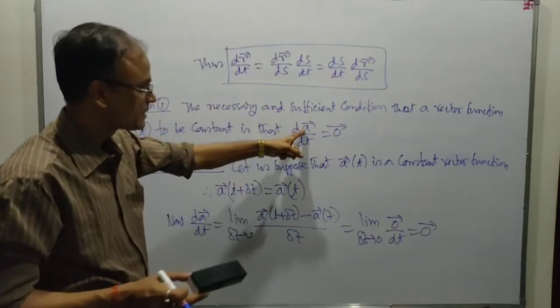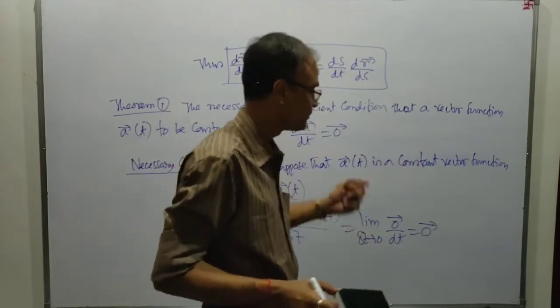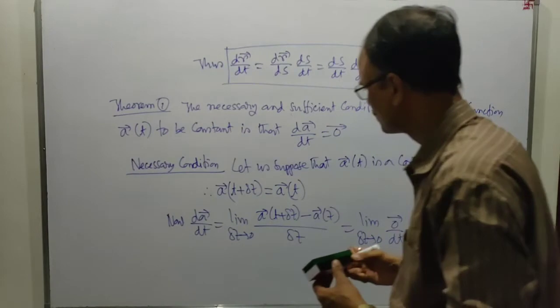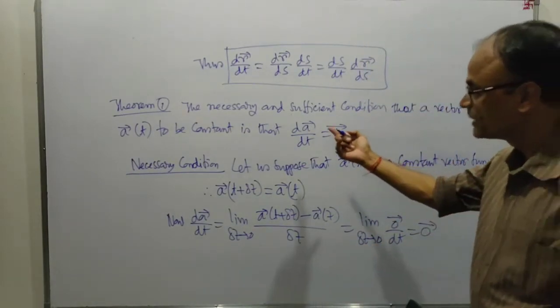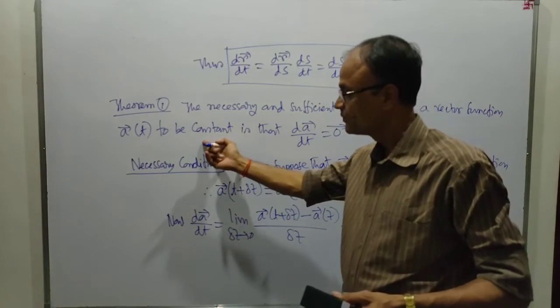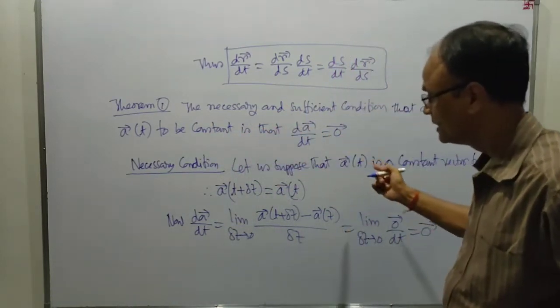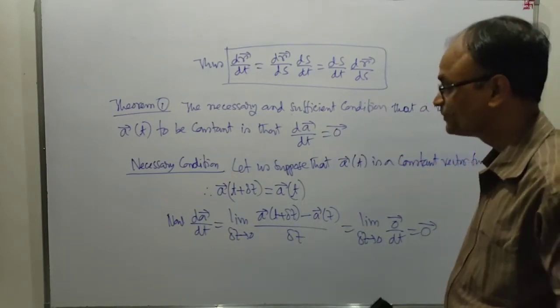Because A vector is constant, its differentiation will come in vector form, therefore it is 0 vector. The necessary condition is very easy. If the vector is a constant vector function, then it is obvious that dA vector by dt equals 0.